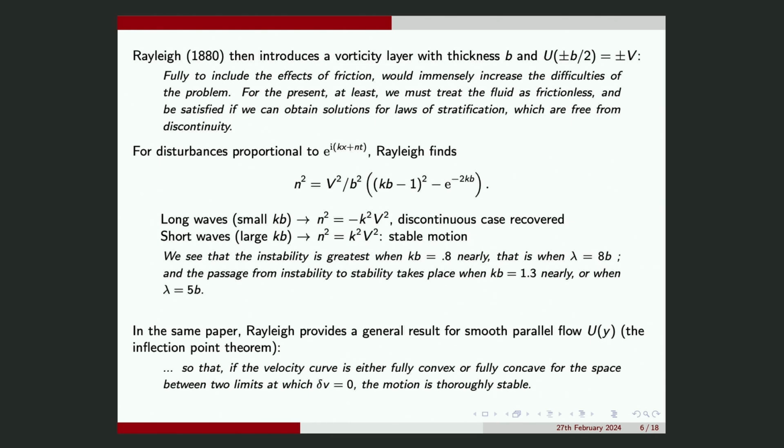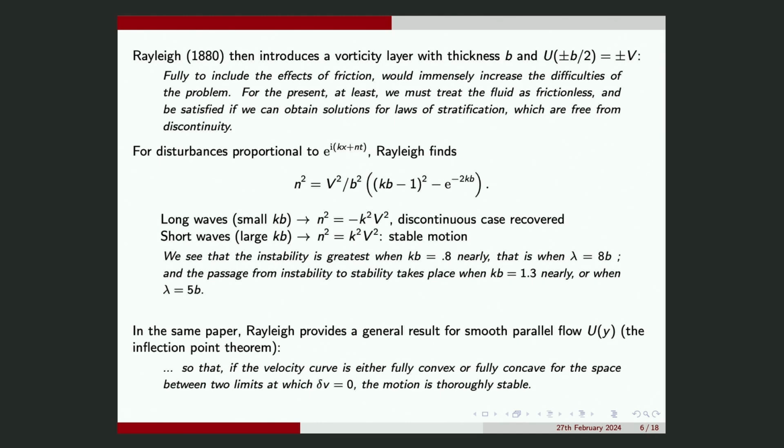The velocity varies continuously from minus V below to plus V above across the vorticity layer, so this is a piecewise linear velocity profile. Fully to include the effects of friction would immensely increase the difficulties of the problem. For the present, at least, we must treat the fluid as frictionless and be satisfied if we can obtain solutions for laws of stratification which are free from discontinuity.